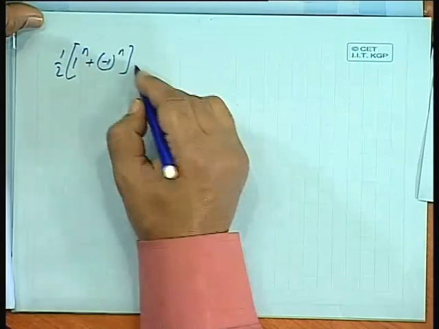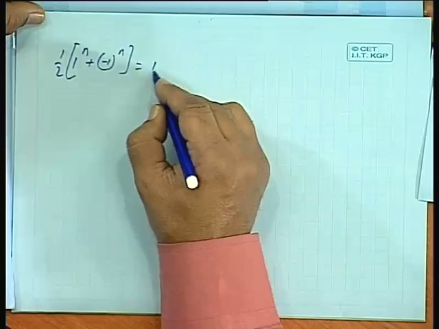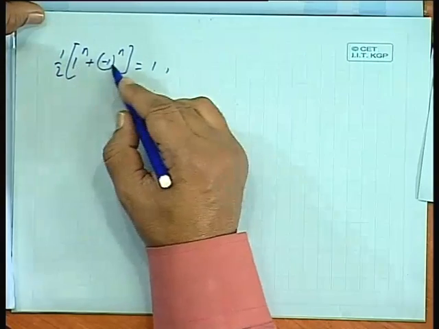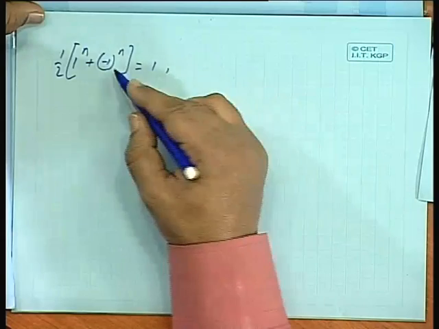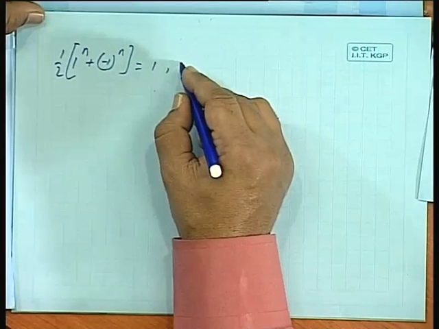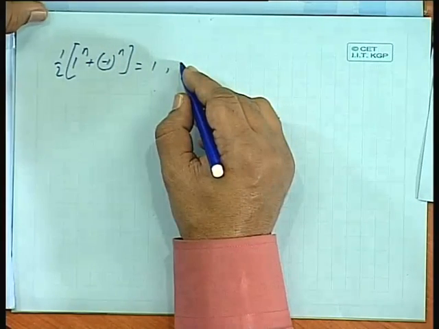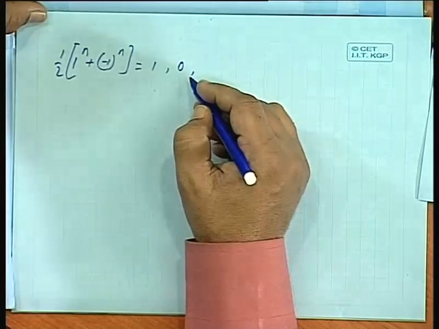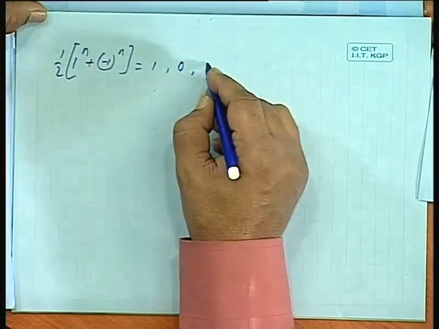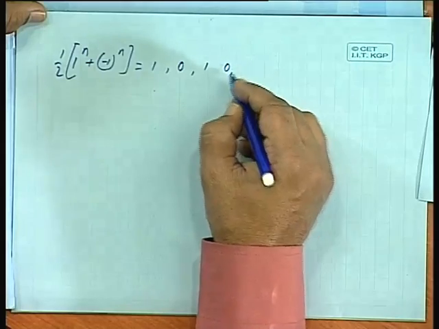Half of this, what does it give me? 1, and then if I put n is equal to 0, n is equal to 1, n is equal to 2, again 0, again 1.